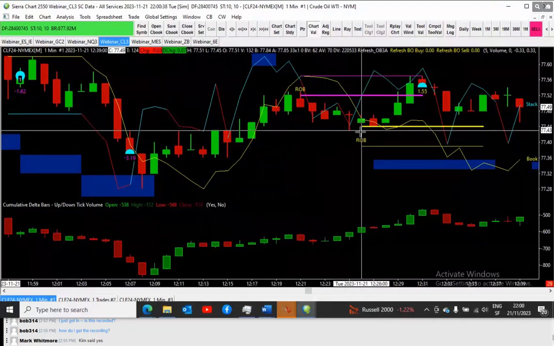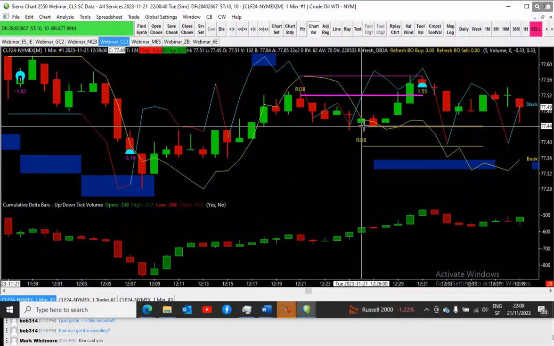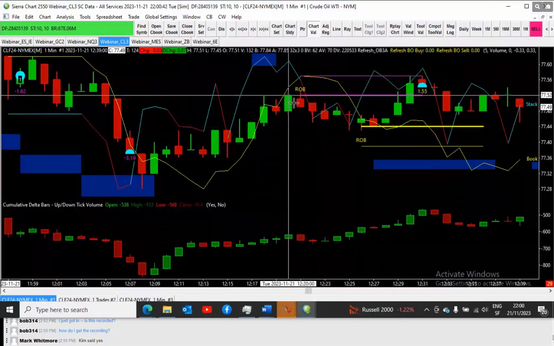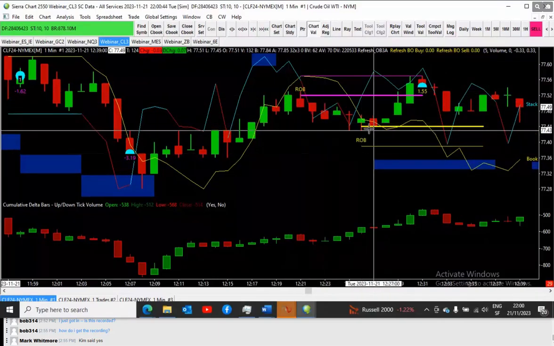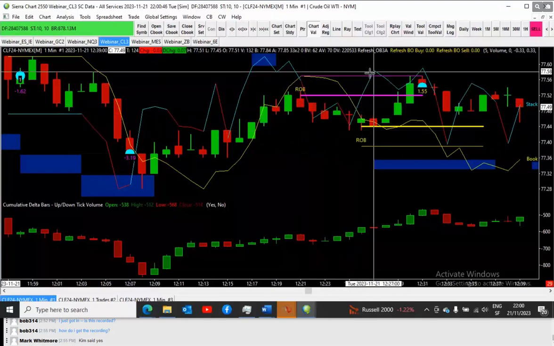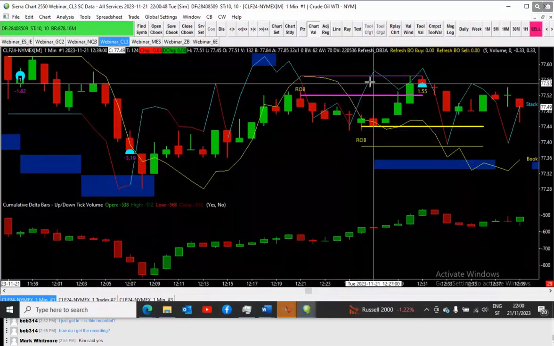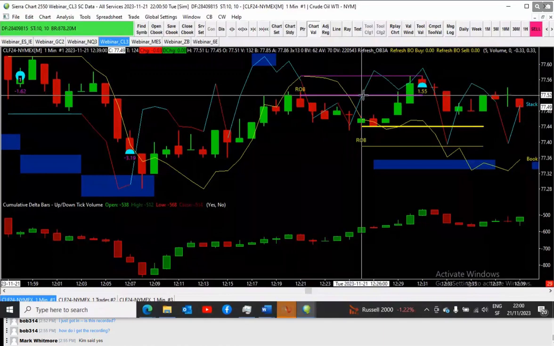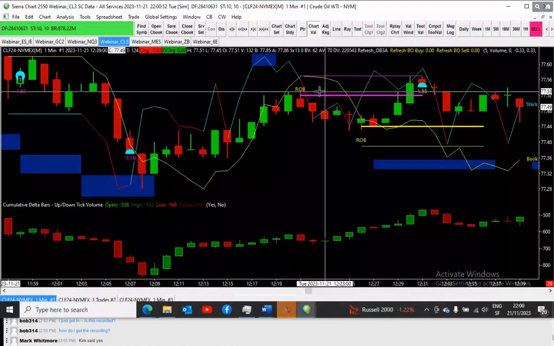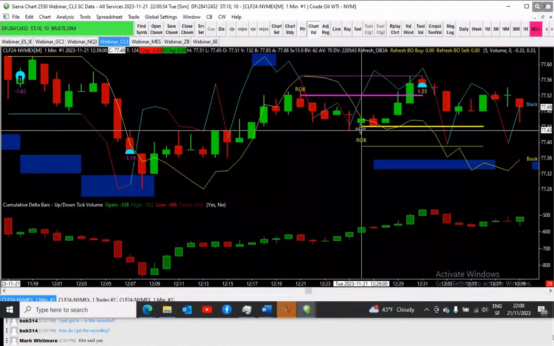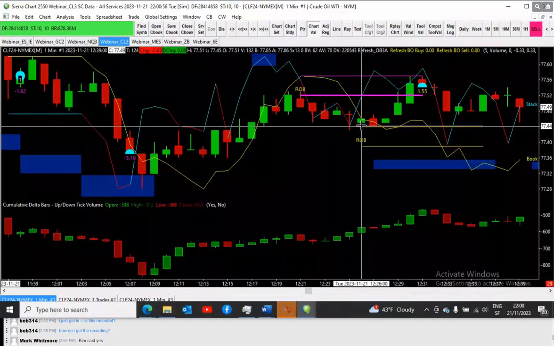And then you get a signal in the opposite direction. So if you're in the sell trade still, and you see the stacking has suddenly switched to quite strongly bullish, then you would get out of the sell trade and think about getting into the buy trade from ROB.